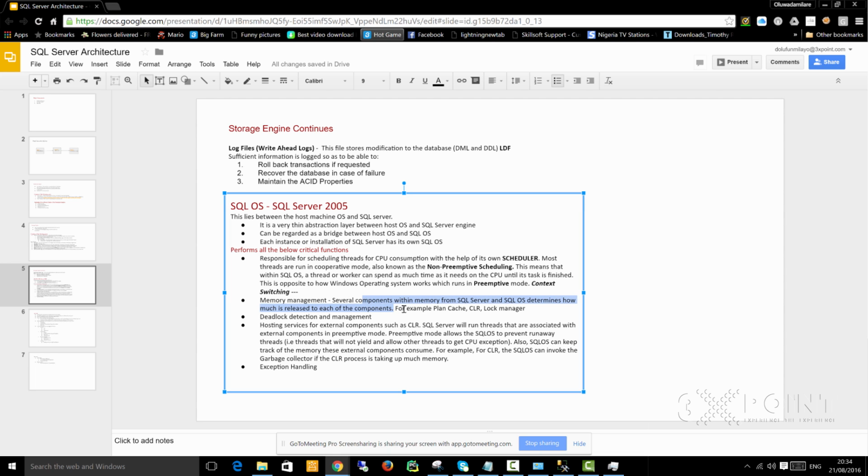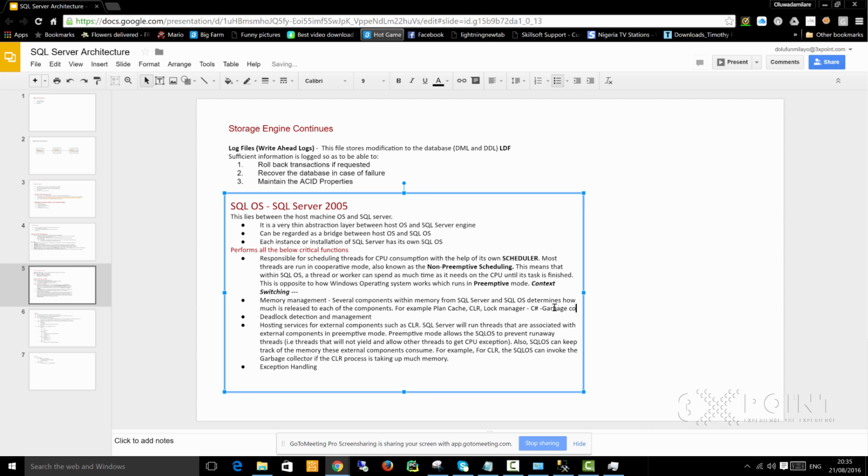What that means is, for example, a CLR is an external call to SQL Server. You can be within SQL Server and run C# code, you can run .NET code. Now, if SQL Server sees that this CLR code is taking a lot of memory, it can ignite something called the garbage collector.